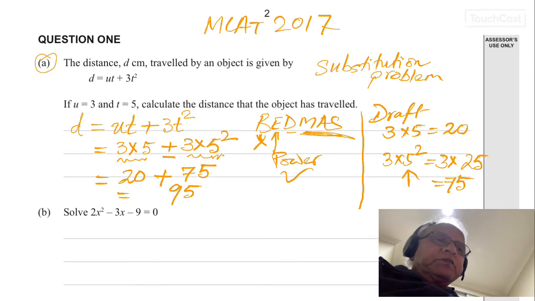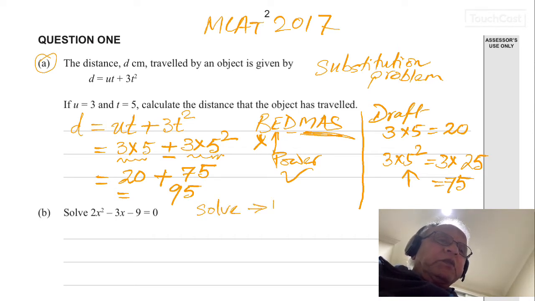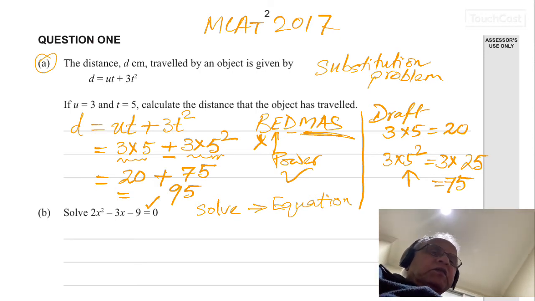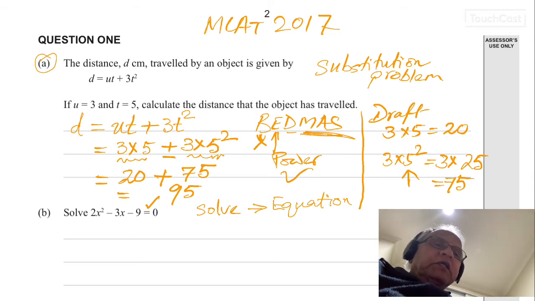Now let's move to this one, the second one. It's a quadratic and it's solving, so it must be an equation. Look at that, the equal sign makes it an equation. It qualifies that mathematical statement as an equation because there is an equal sign in between. See that: 2x squared minus 3x minus 9 equals 0.